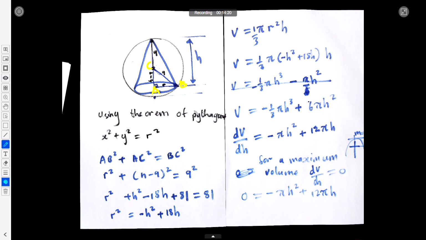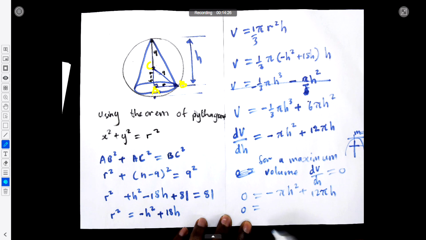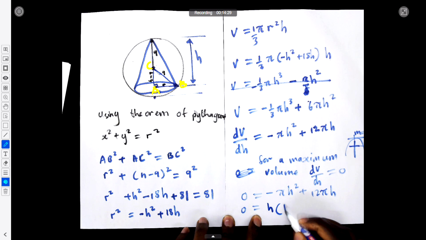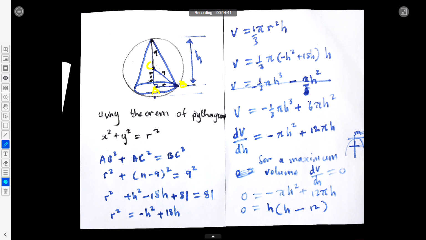I don't want to skip, but I want to write things in order. So divide 0 by negative pi, still 0. And we need to take out the common factor of h in the meantime. So we'll be left with h. We have divided by negative pi, we'll be left with negative 12, and then we have divided by h, so we're left with negative 12.